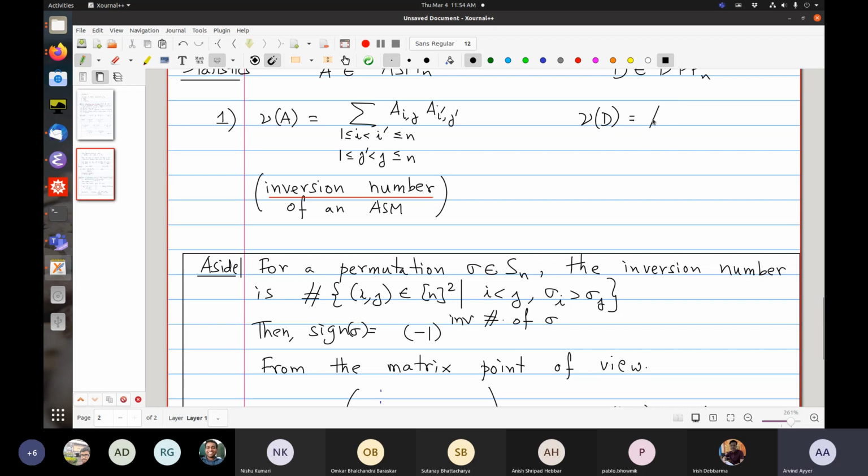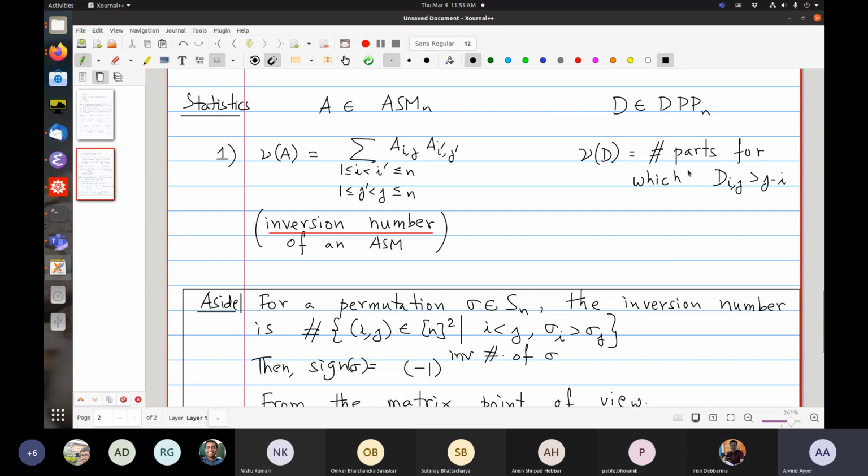So nu of D for a descending plane partition is the number of parts for which Dij is greater than j minus i, the column index minus the row index. So it just has to satisfy this inequality.